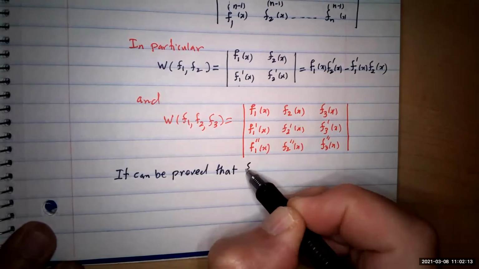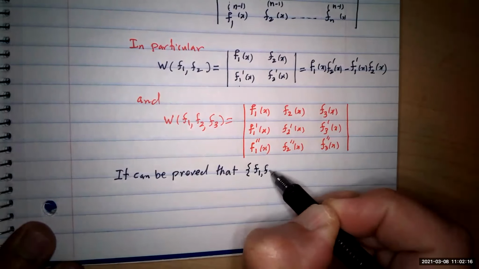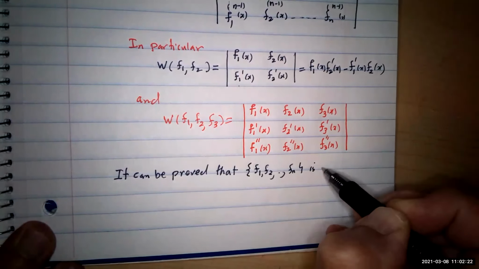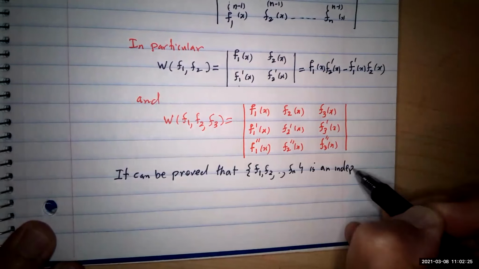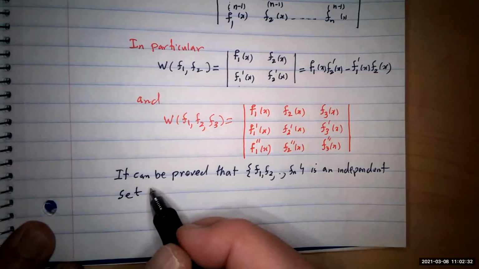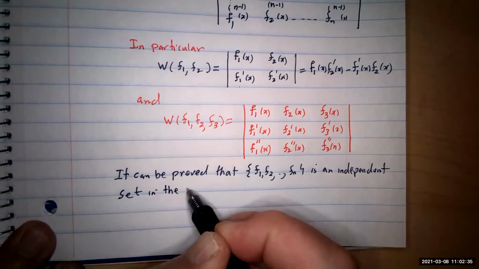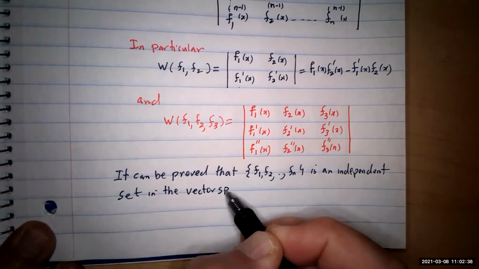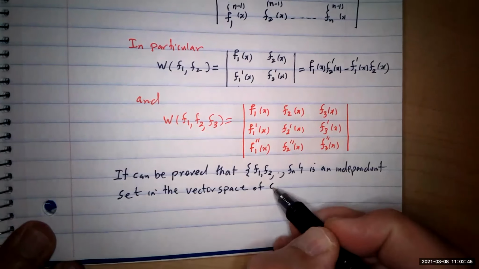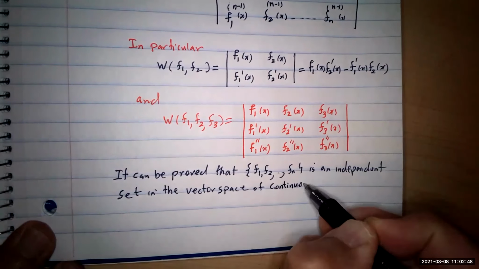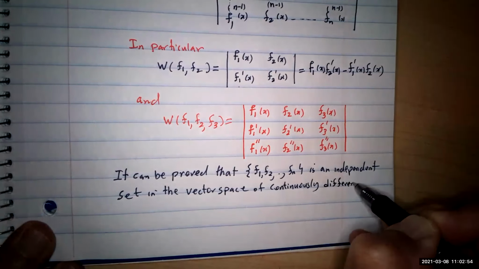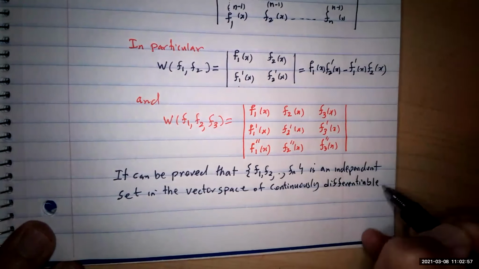It can be proved that this set of functions f1, f2 up to fn is an independent set in the vector space of all continuously differentiable functions. Continuously differentiable means that these functions are differentiable and their derivative is also a continuous function.